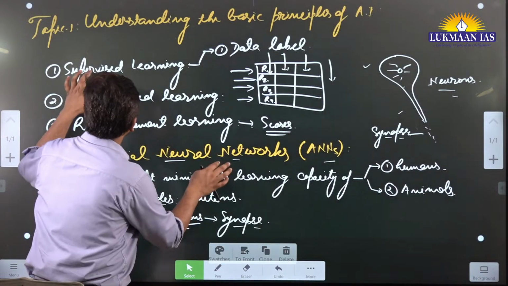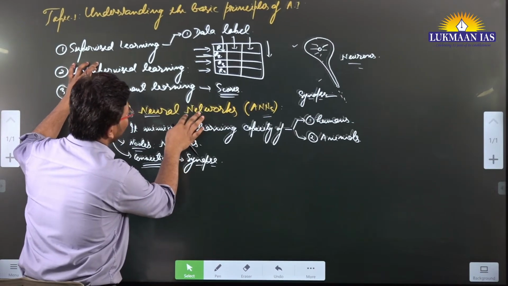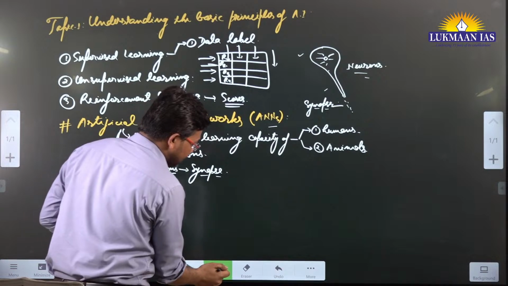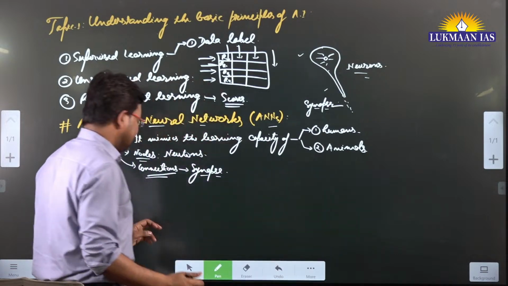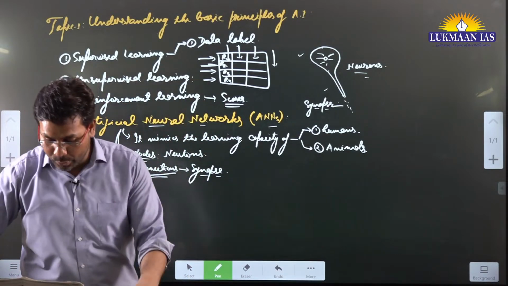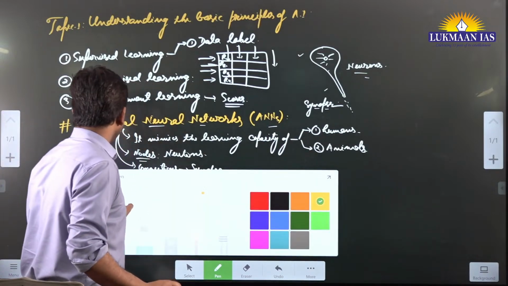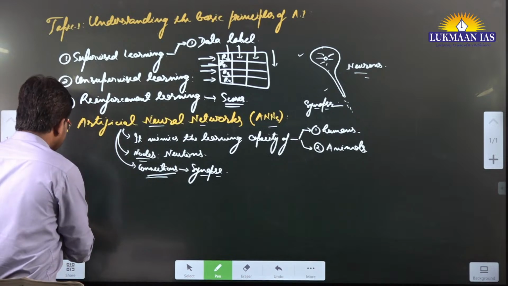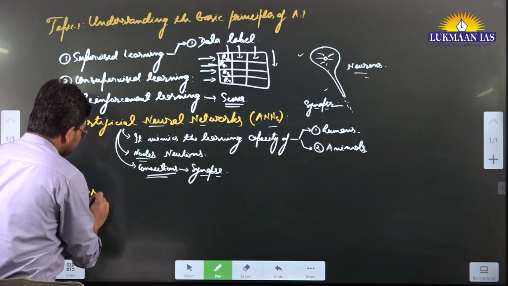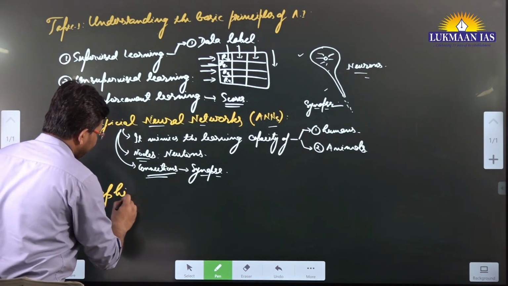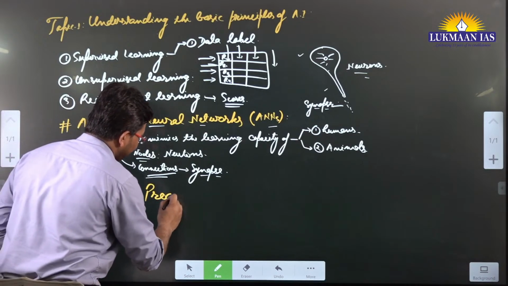Apart from this, there is another very important component in the case of artificial intelligence, that is known as the GPU, graphic processing unit. What is the work of a graphic processing unit? That's a very important thing.